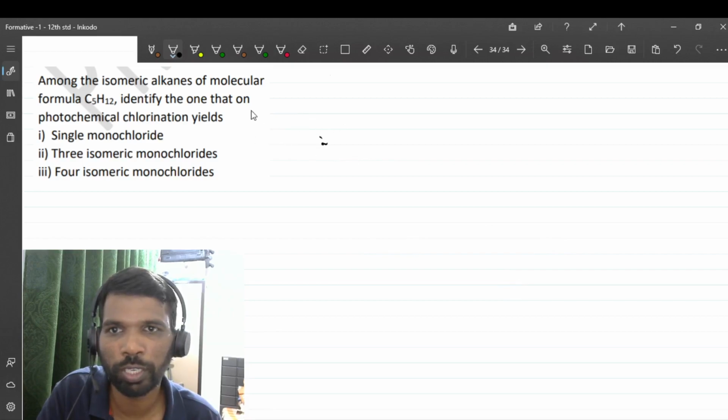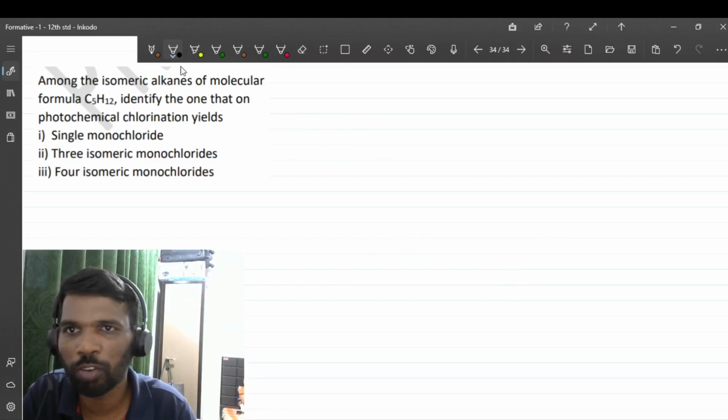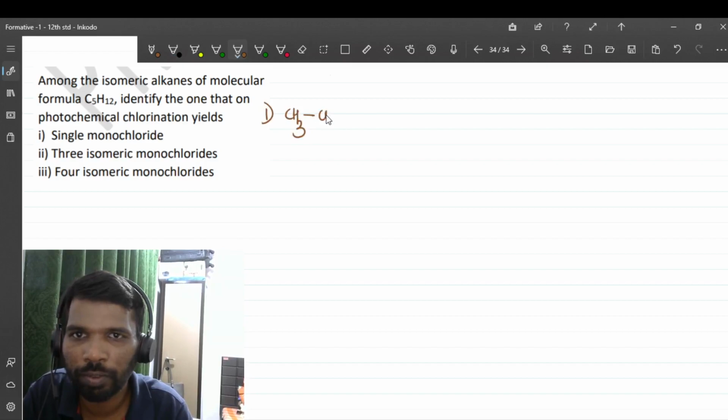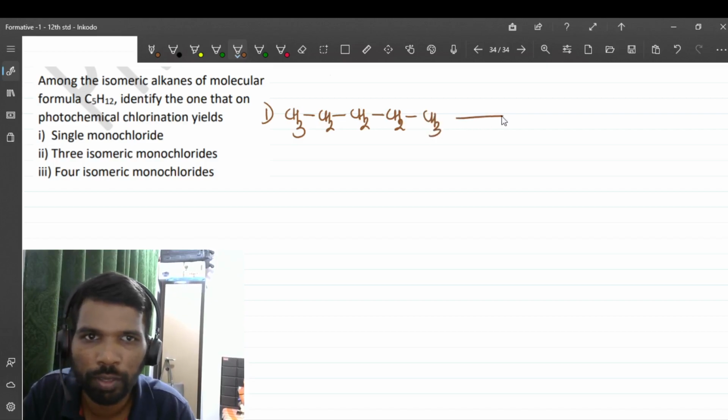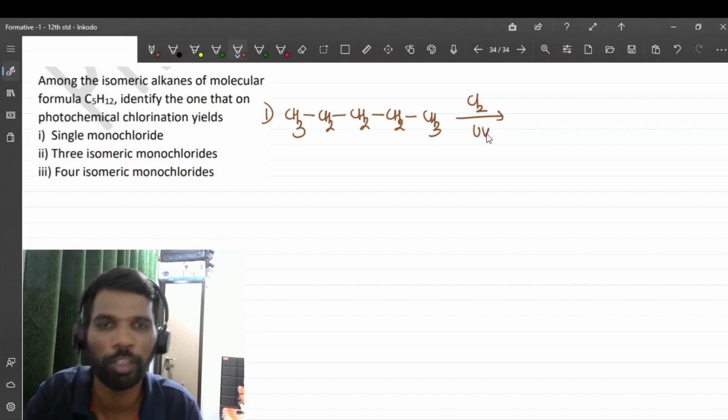Let's do the halogenation on each of these. The first isomer which I was having is CH3, CH2, CH2, CH2, and CH3. Chlorine is there, and you are putting UV light, free radical halogenation.